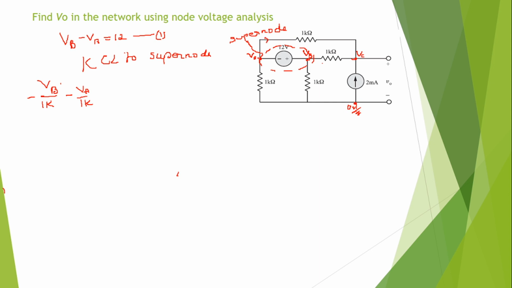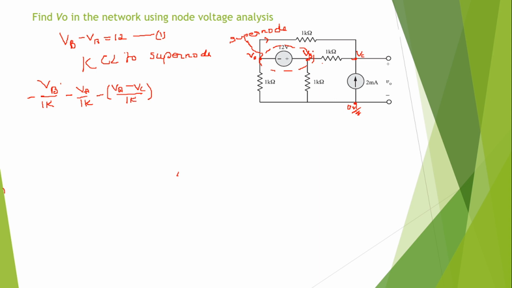The current flowing in this direction is VA minus VC by 1K. Taking incoming current as positive, as this current is flowing out of the node, it is the outgoing current. So once again minus VA minus VC by 1K.